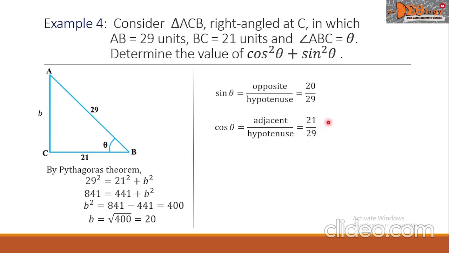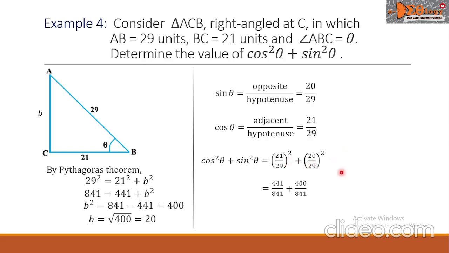Adjacent side is 21 over hypotenuse, which is 29. Now let us evaluate cosine squared theta plus sine squared theta. When we substitute the values, we have (21/29) squared plus (20/29) squared.